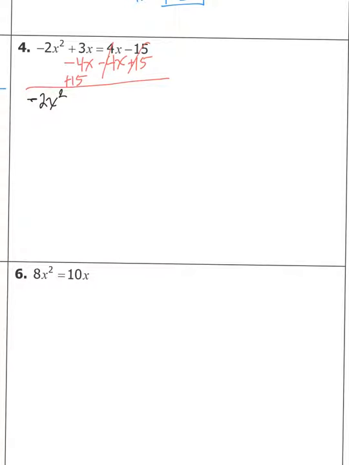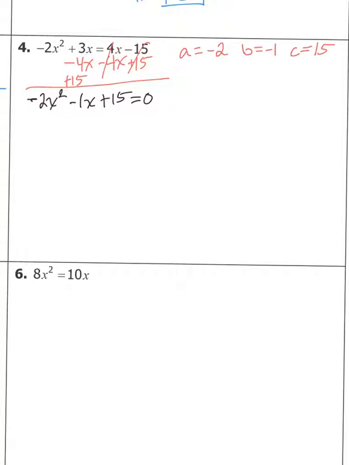So 3x and a -4x is a -1x, so feel free to write -1x so you can see the coefficient. And then plus that 15 is equal to 0. So now you can identify A, B, and C. A is equal to -2, B is equal to -1, and C is +15.